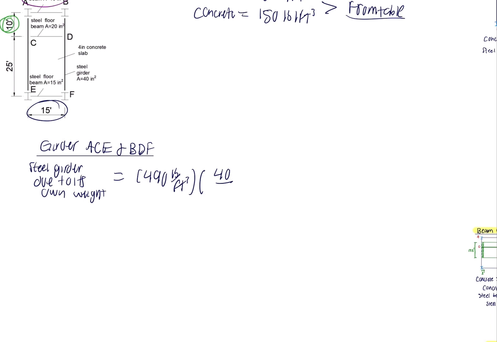So we will convert the 40 inches squared into feet squared, which we divide by 144. Then we multiply by 1 foot. And from this, we will get 136.11 pounds.